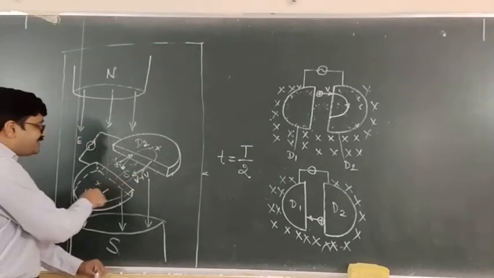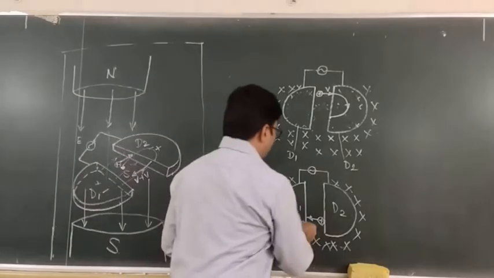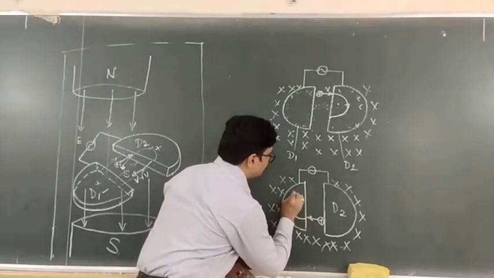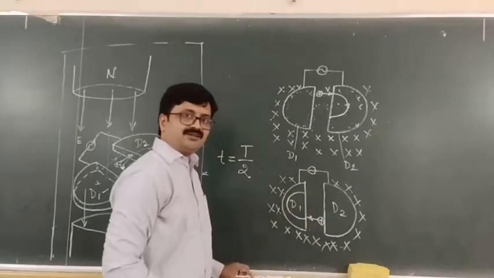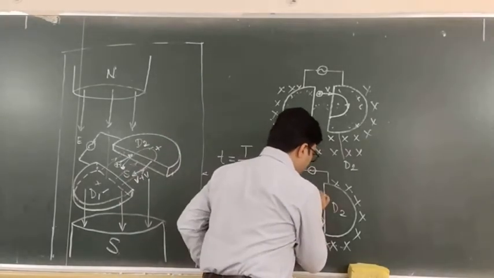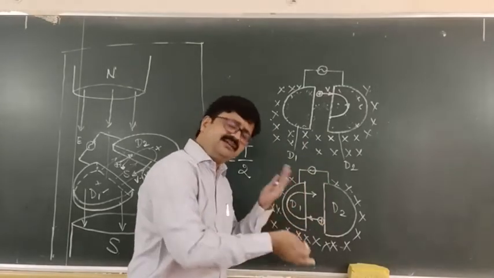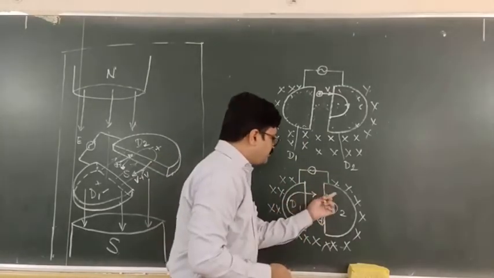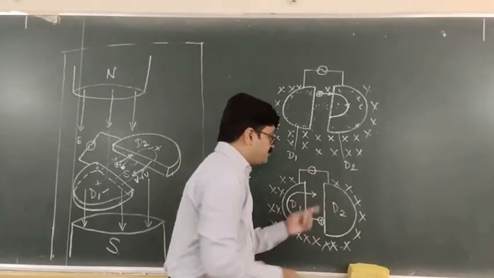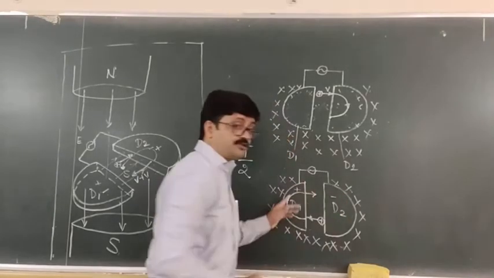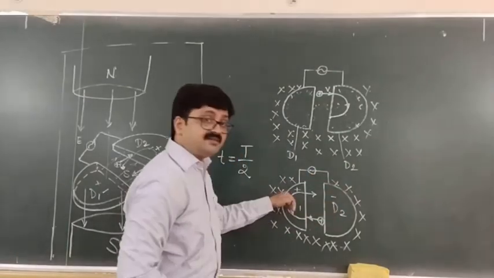So when it enters inside, it will enter with 2V amount of speed, and again it will complete one semicircle. Again it comes out, again the electric field is inverted, interchanged, and again D2 becomes negative, D1 becomes positive, so again it travels like this.